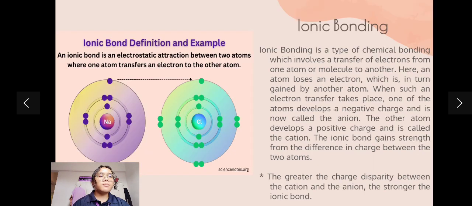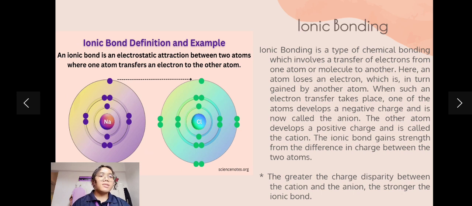First is ionic bonding, or ionic bond. Ionic bonding is a type of chemical bonding which involves a transfer of electrons from one atom or molecule to another. Here, an atom loses an electron, which is in turn gained by another atom. When such an electron transfer takes place, one of the atoms develops a negative charge and is now called the anion.